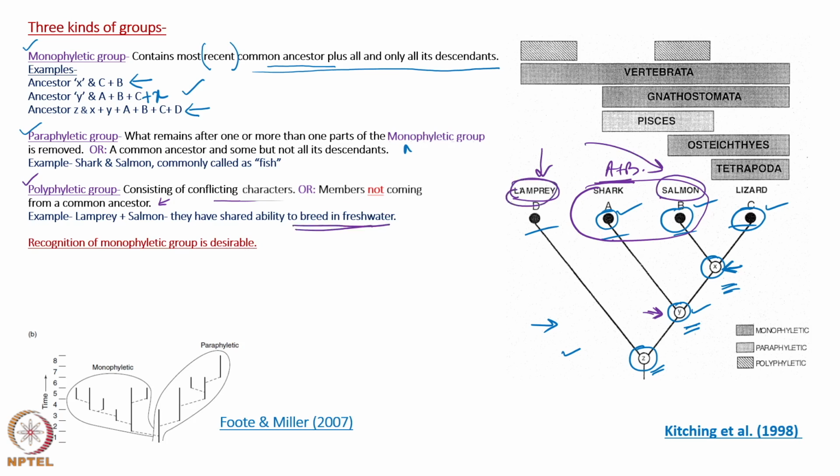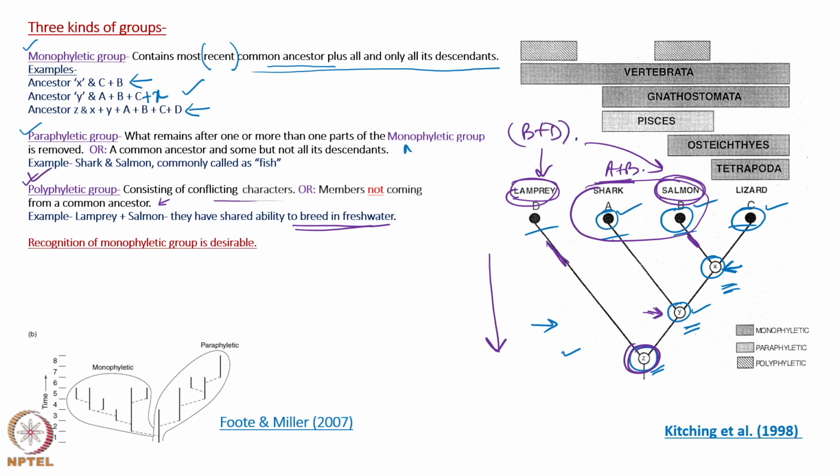Now, if we look at lamprey and salmon, they do not immediately come from a common ancestor, but if we track back in geological time, yes, they do have a common ancestor, but immediately we do not see that this line and this line are converging. So, these two can be called lamprey and salmon. That means, here B plus D is a polyphyletic group.